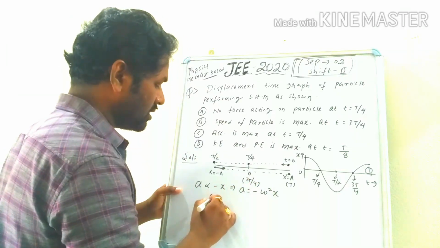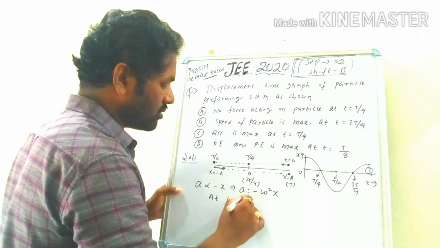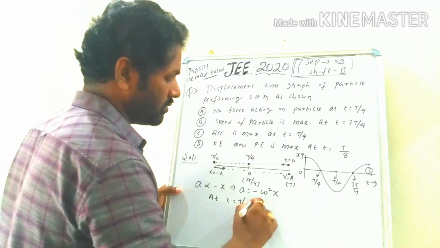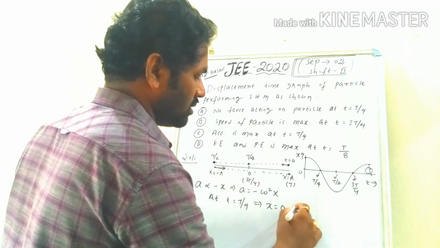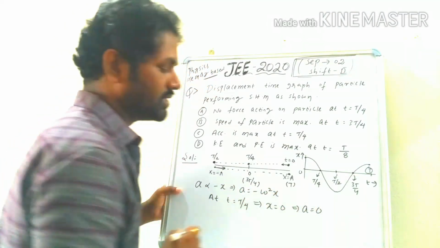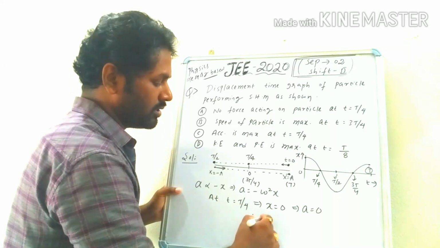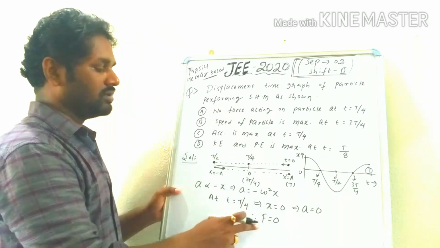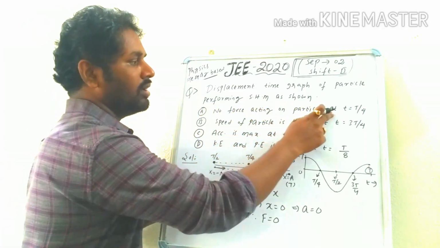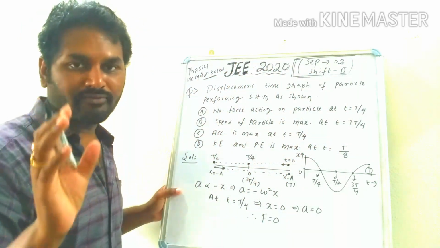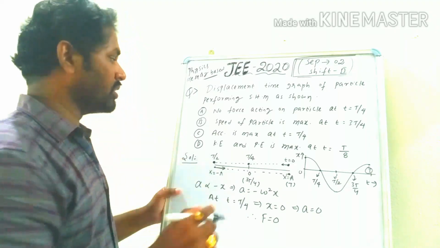So you can write at t is equal to T by 4, displacement is 0, that implies acceleration is 0, and therefore the force acting on the particle is 0. Means no force acting on the particle at t is equal to T by 4 is the correct statement.